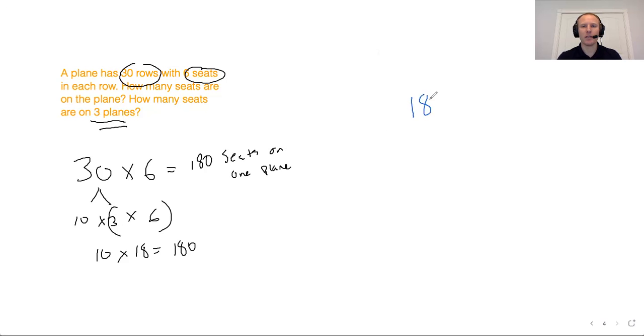So I have 180 on my first plane, I have 180 on my second plane, I have 180 on my third plane. 0 plus 0 plus 0 is 0. 8 times 3 is 24. So I put my 4 in the tens place, carry my 2 into the hundreds place. 2, 3, 4, 5. 540 seats on 3 planes.